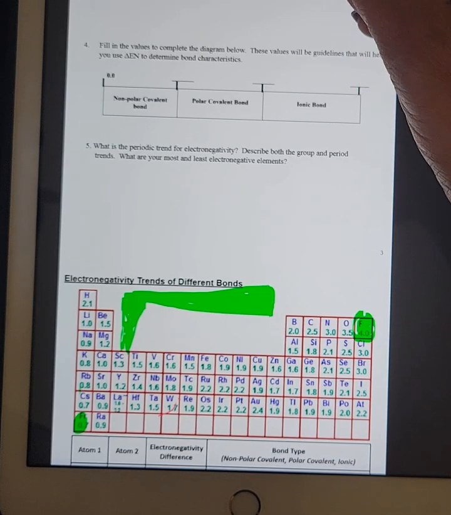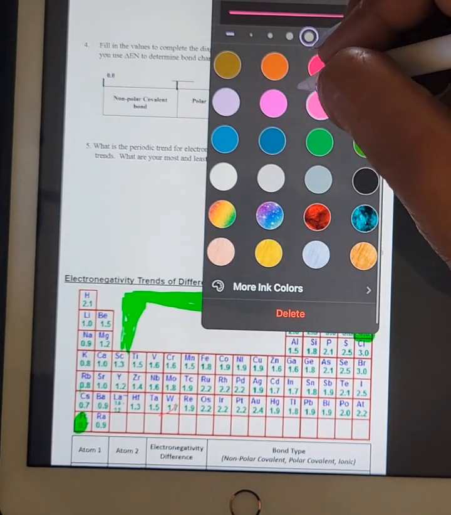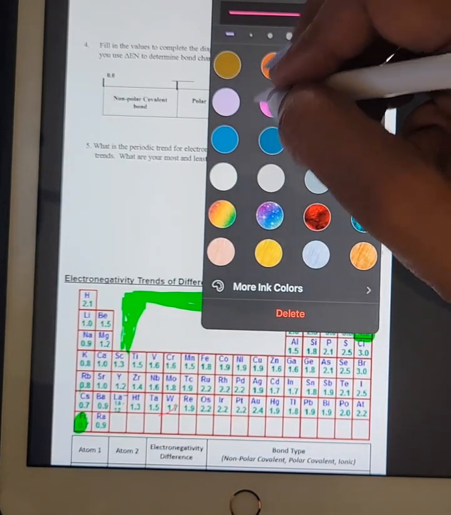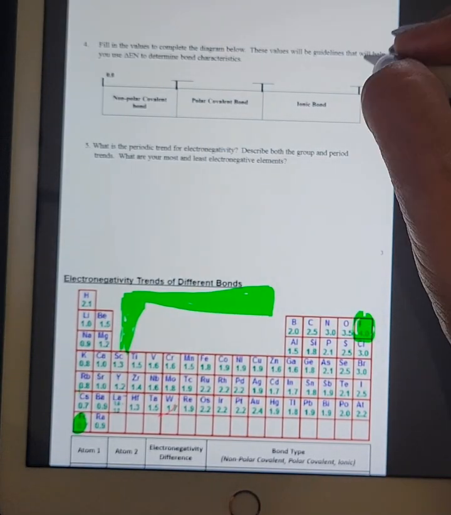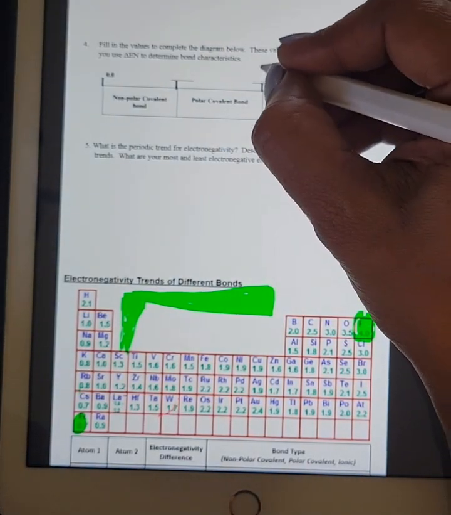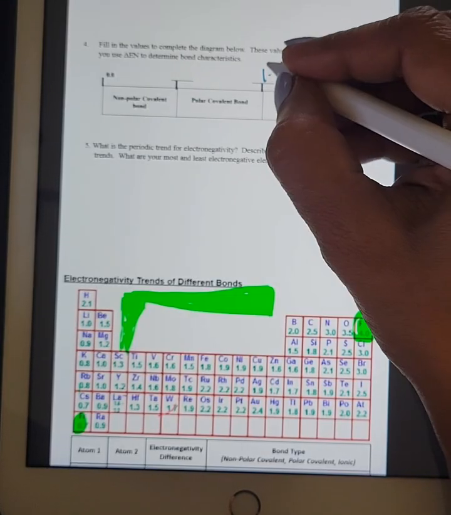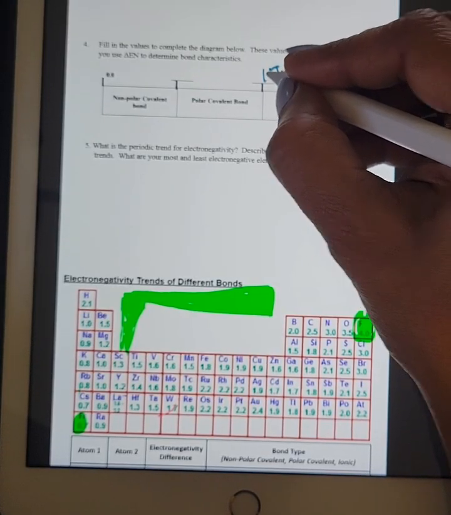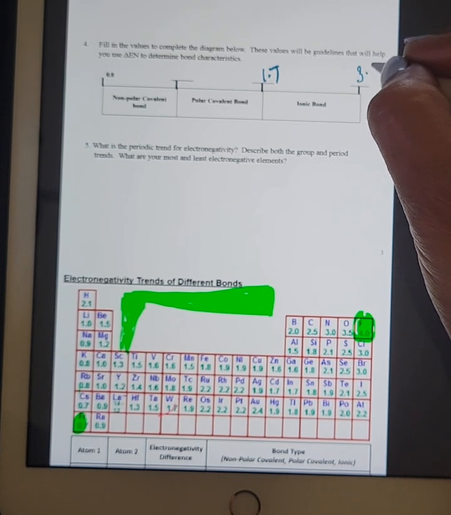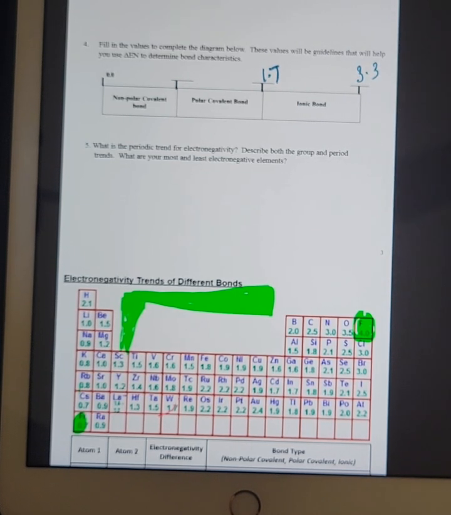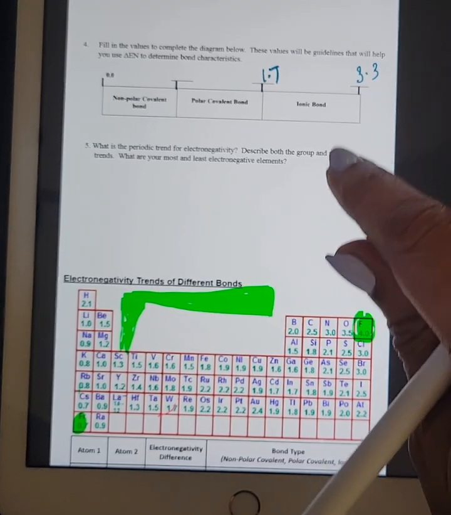Let's write with a different color. If the electronegativity difference between two atoms is above 1.7, up to the maximum possible value of 3.3, they form an ionic compound.